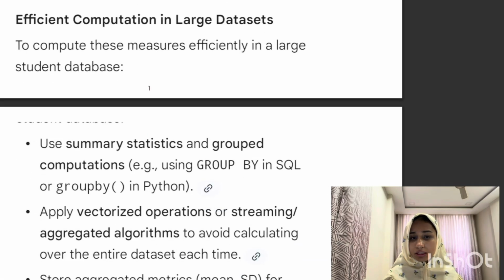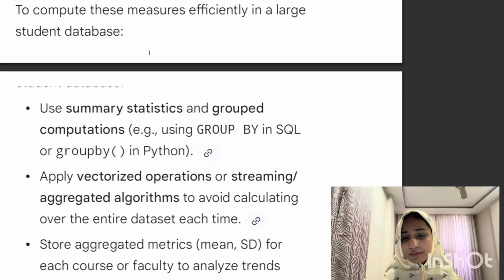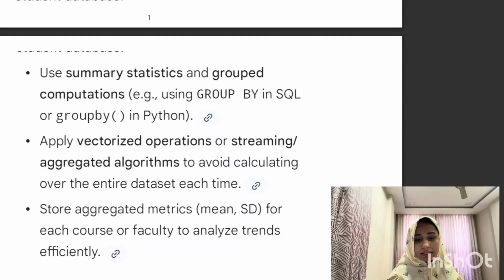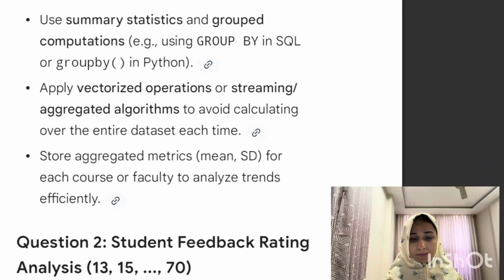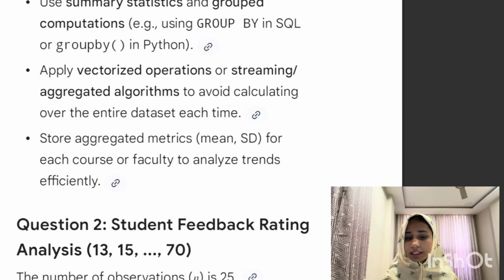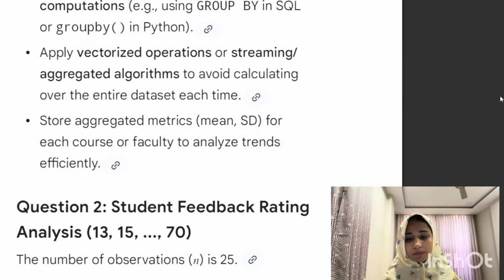To compute these efficiently, use summary statistics and grouped computations. Like in SQL we have GROUP BY, and in Python we have the groupby function. Second, apply vectorized operations or streaming or aggregated algorithms.